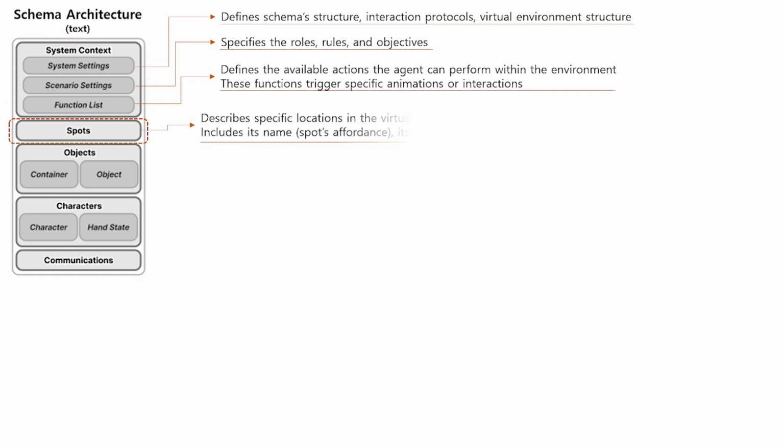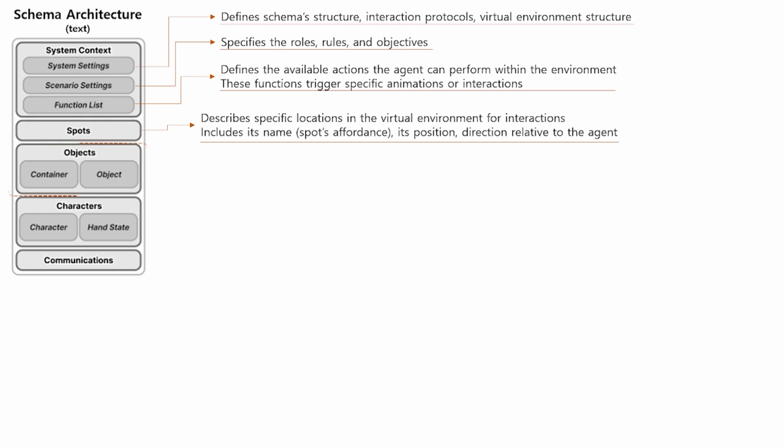The spot components describe specific locations in the virtual environment for interactions. A spot may indicate an idle position, a place for accessing objects, presenting exhibits, or exiting the scene. Each spot includes its name, position, and direction relative to the agent.